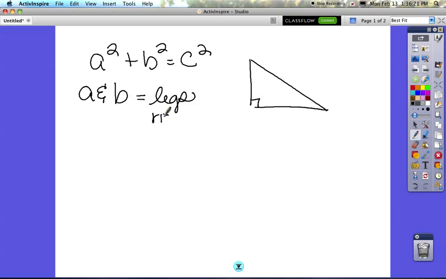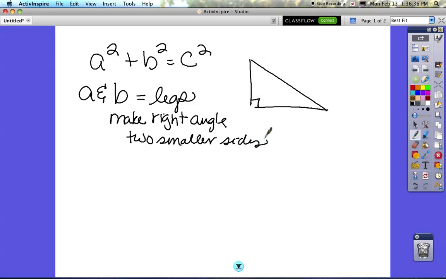That's very good. They make the right angle, and they're the 2 smaller sides. So that means that C is the hypotenuse, and it is always the longest side.